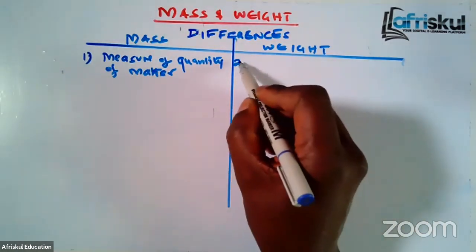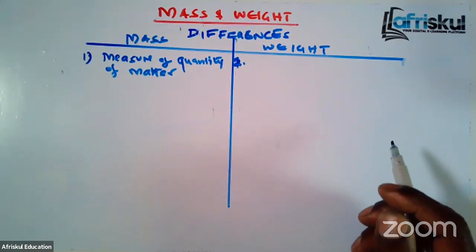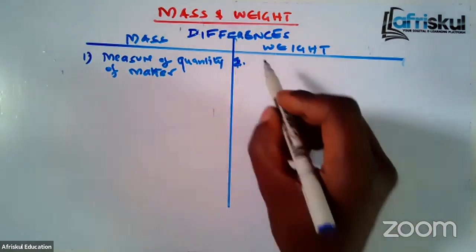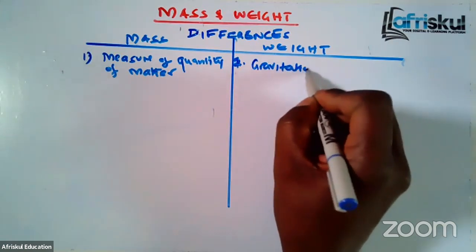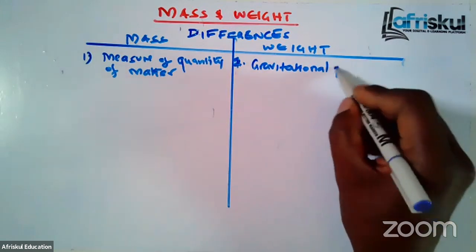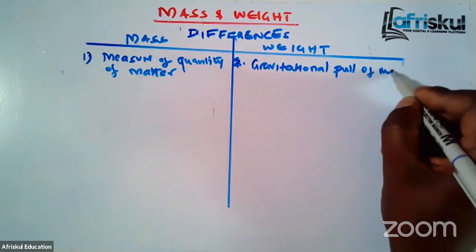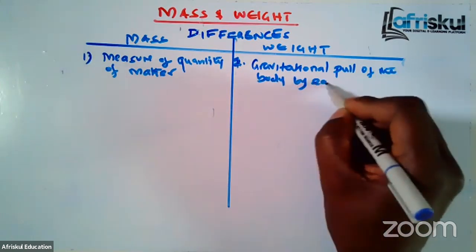But on the other hand, weight is not a measure of quantity of matter, but it has to do with the force that is exerted by the earth on a body. So this is the gravitational pull of the body by earth.